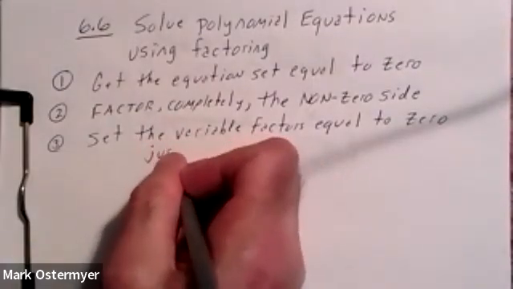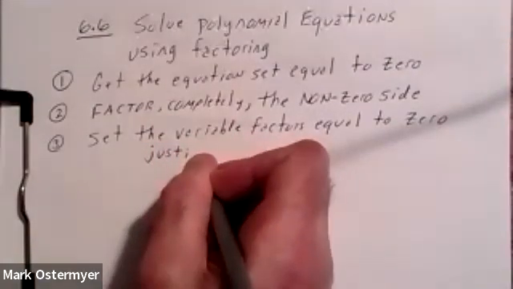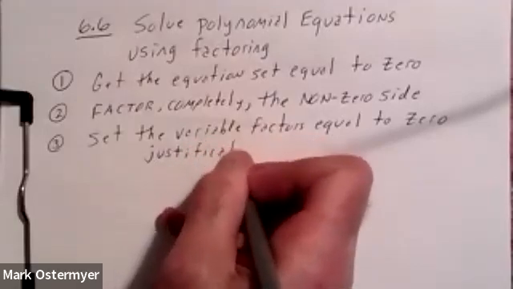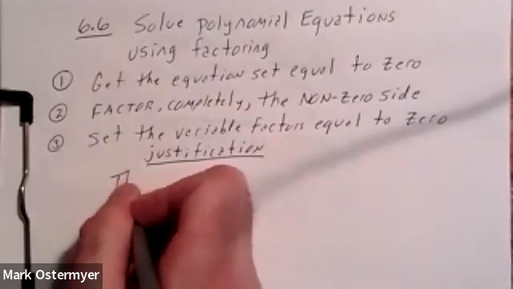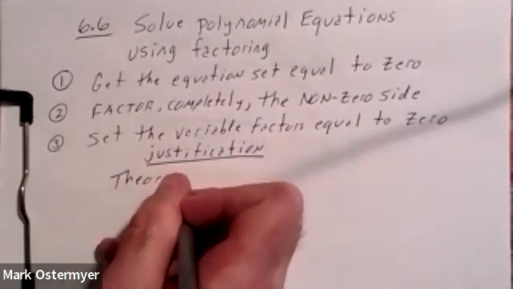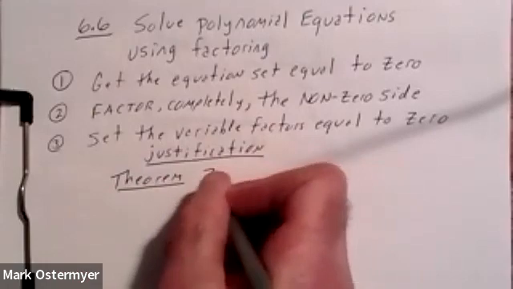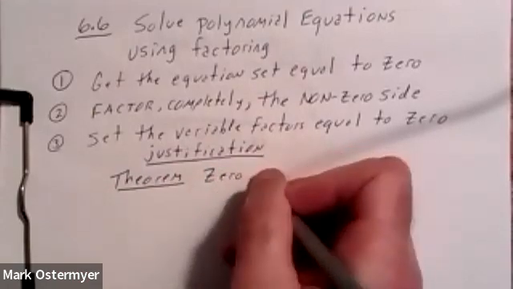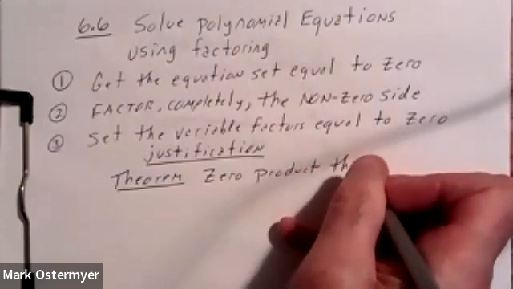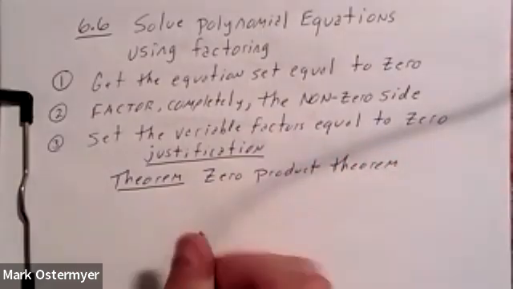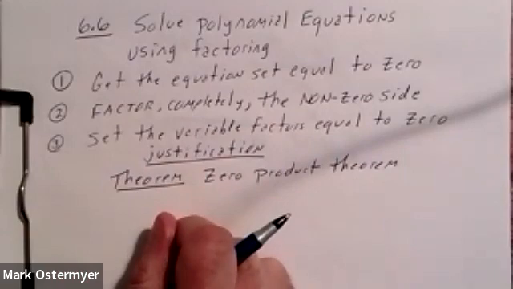And what justifies us doing this? Justification. There's a theorem in mathematics called the zero product theorem that justifies us in being able to do this. It's a pretty intuitive theorem, unlike most of them.